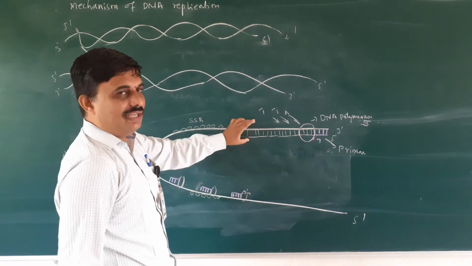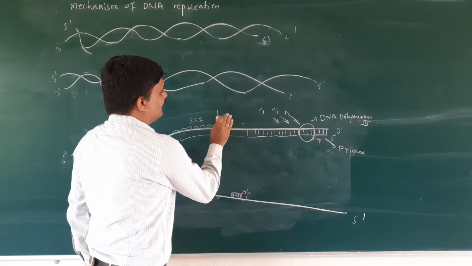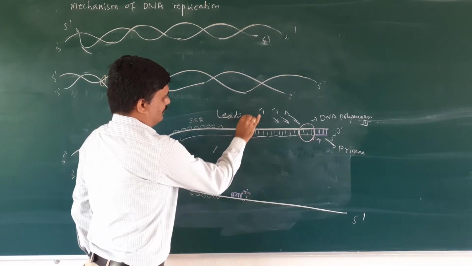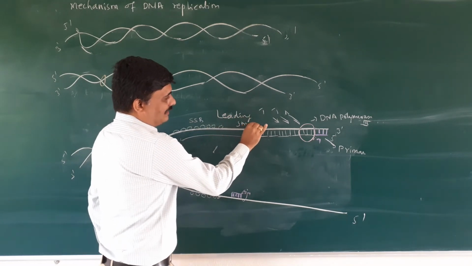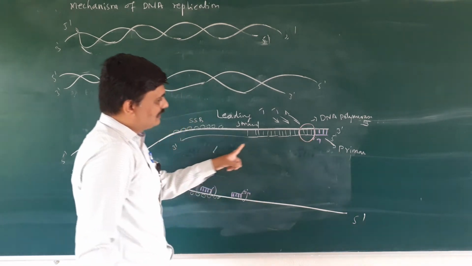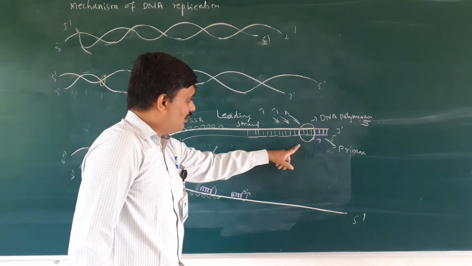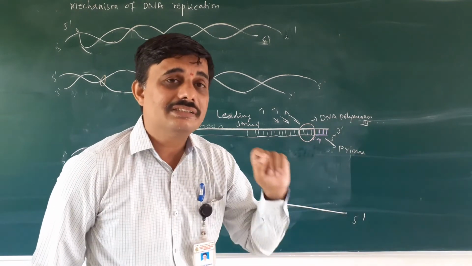This strand of DNA is called the leading strand, on which DNA synthesis occurs in a continuous way. This is called continuous DNA synthesis.